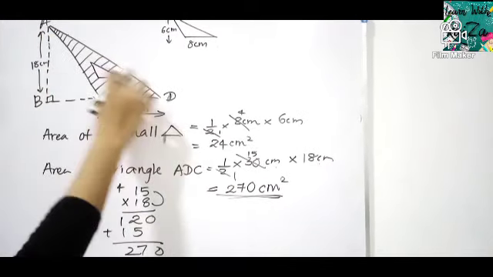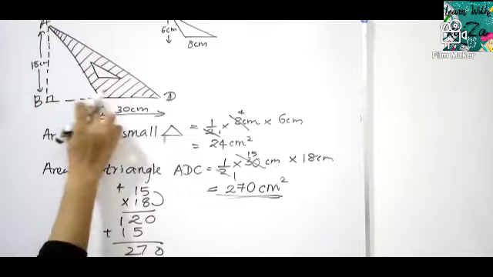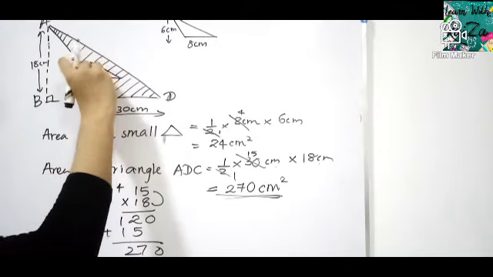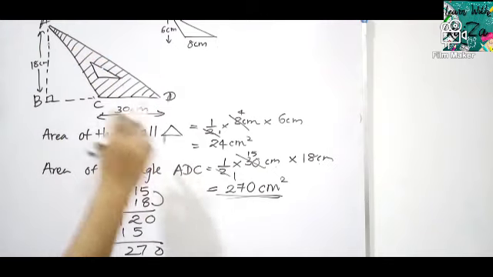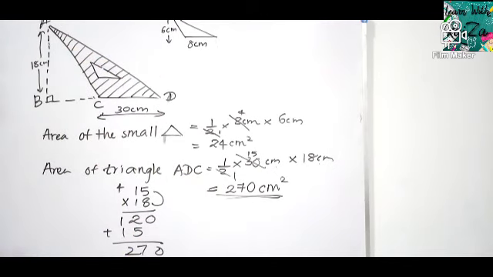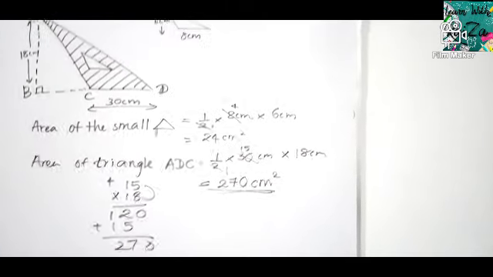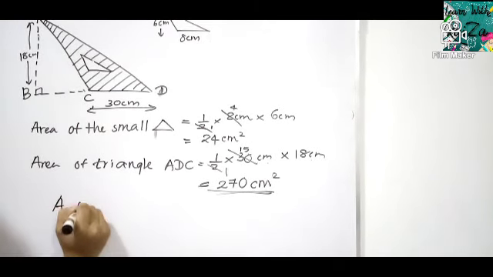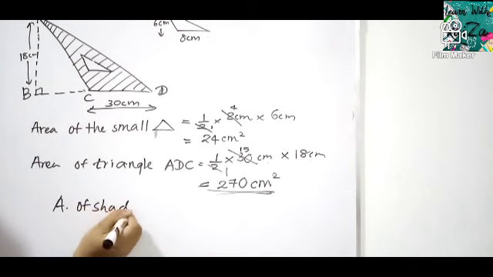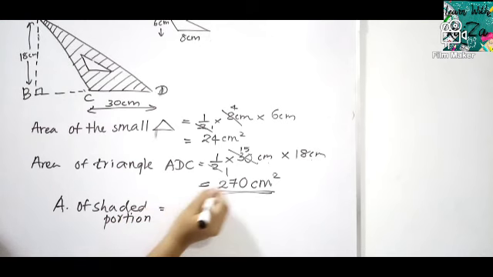Now what should we find? The area of the shaded portion. So from this whole area, if we remove this portion away, we can get the answer. Therefore, let's see what is the area of the shaded portion. Subtraction should be done from this area.